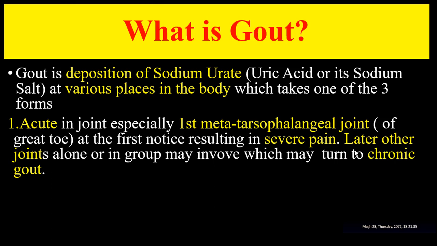Maybe gout manifests as acute pain in the joint, especially first metatarsophalangeal joint, initially in form of severe pain, later on other joints singly or in group may be involved, and this later phase is chronic gout.